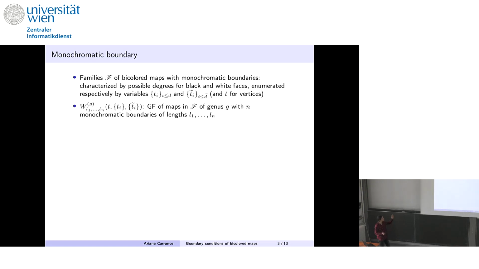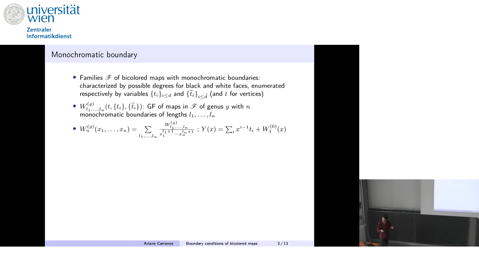And then I have generating functions of maps in this family with fixed genus g, fixed number of monochromatic boundaries n of respective lengths L1 to Ln. So this depends on T to enumerate vertices and Ti and T tilde i for the faces.